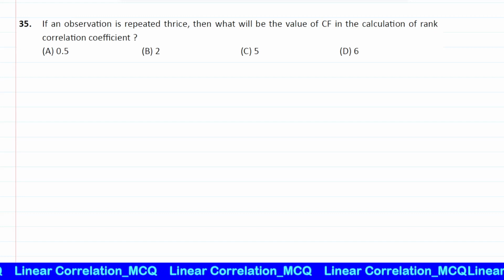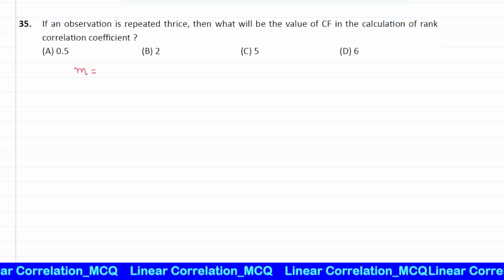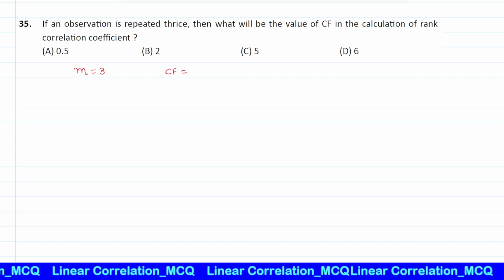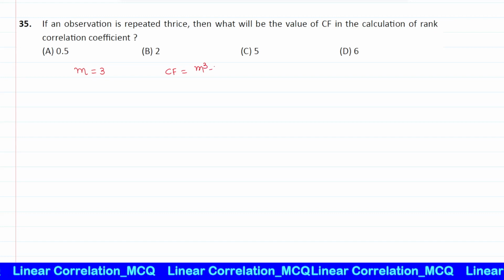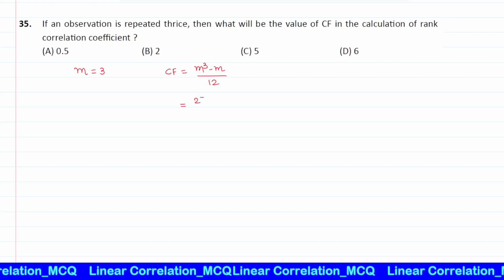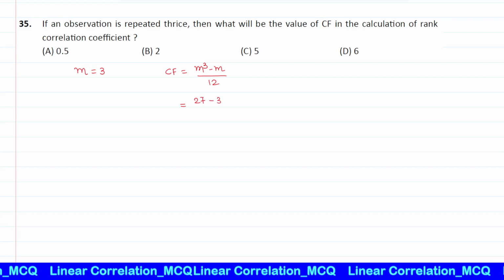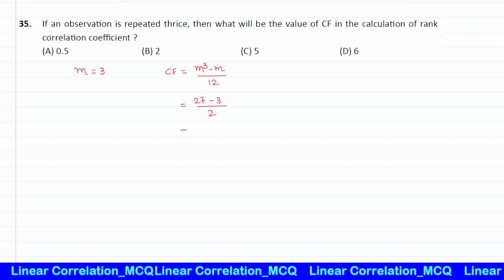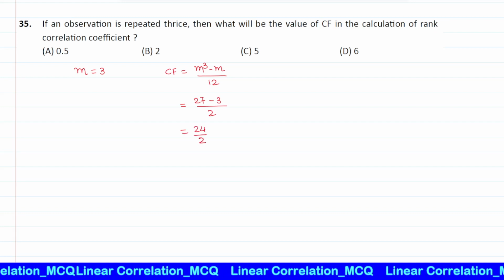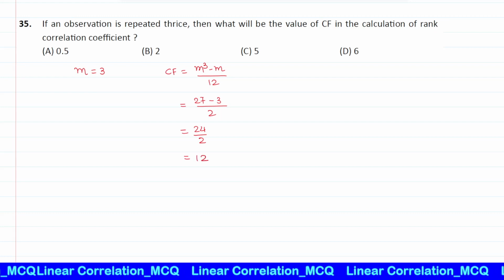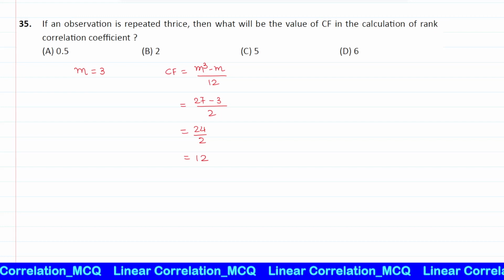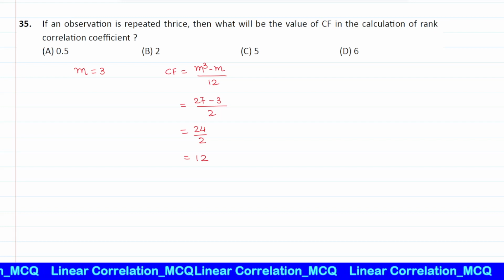If an observation is repeated thrice, then m equals 3. The formula of CF is m cube minus m divided by 12. m cube equals 3 cube, which is 27. 27 minus 3 is 24, divided by 12 equals 2. I put 2 instead of 12 earlier, but there is no mistake.